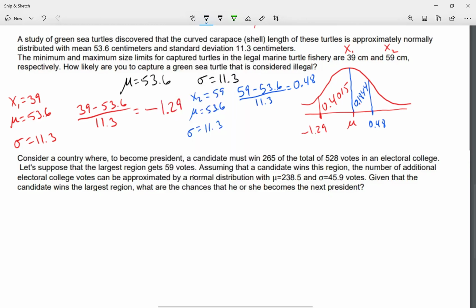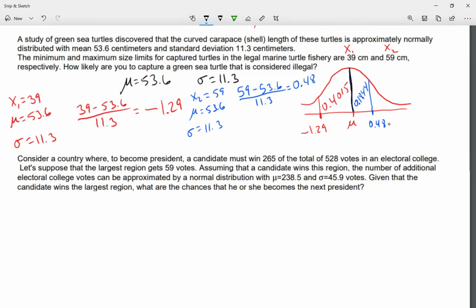I guess let me leave the center black. Okay, so I have two C-scores. I found the percentage of each. Again, the negative sign just means it's to the left of my mu. Positive sign just means it's to the right. I'm gonna add my two areas.